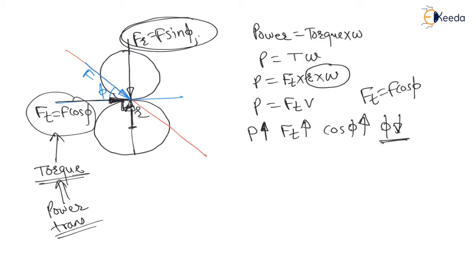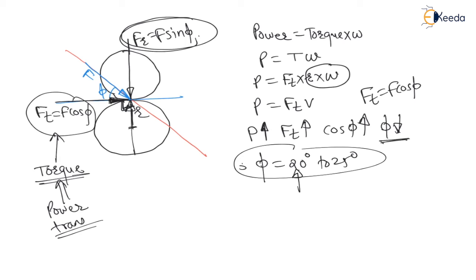Generally, therefore, this pressure angle phi is taken as 20 degree to 25 degree. Most of the time it is taken as 20 degree, and in rare cases it is taken as 25 degree also, right?